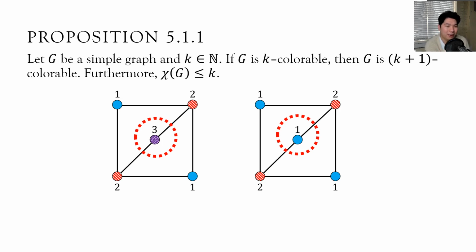What about the second part? How do I know that the chromatic number is at most K if I have a proper K coloring? Well, remember, the chromatic number is essentially our best or most optimal amount of colors used. So for example, whenever I did this 3 coloring, this told me that my chromatic number is at most 3.